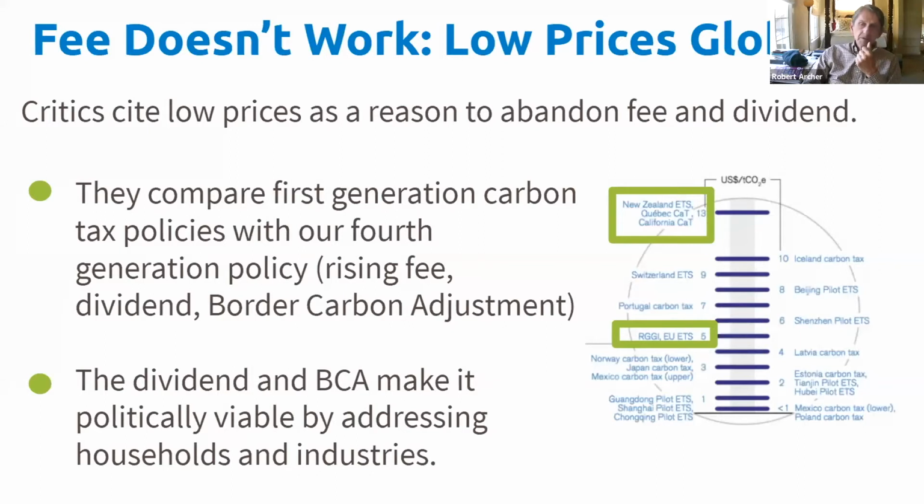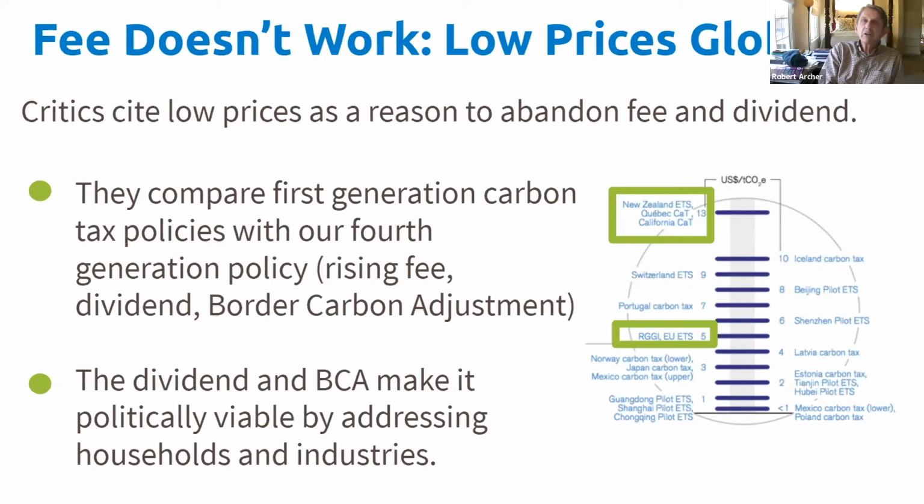One of the things that academics, particularly political scientists who aren't as strong in economics as they should be, say, is why are carbon prices low around the world? That's because the first generation carbon tax policies and cap and trade policies did not protect households and industries, 2 major constituencies.